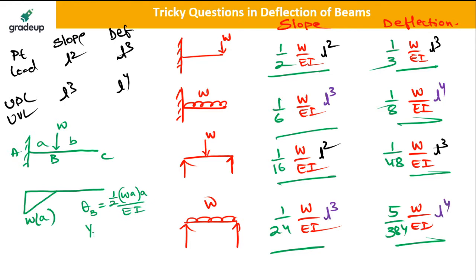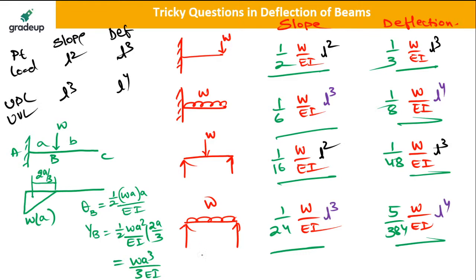And the deflection at B is equal to half WA square divided by EI into the distance of the centroid from this point, which is 2A by 3. So this will become WA cube divided by 3EI. Is it clear now? It is minus.